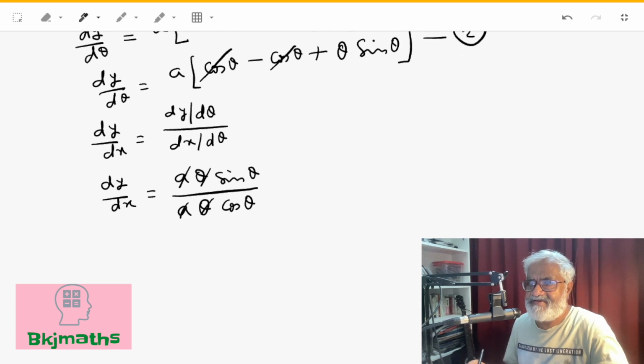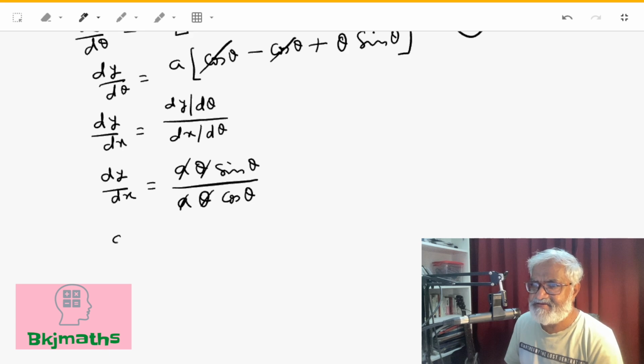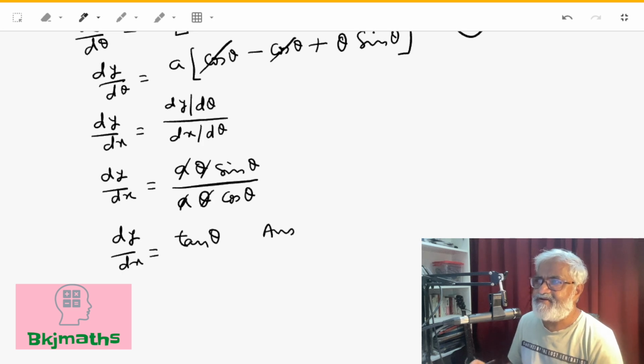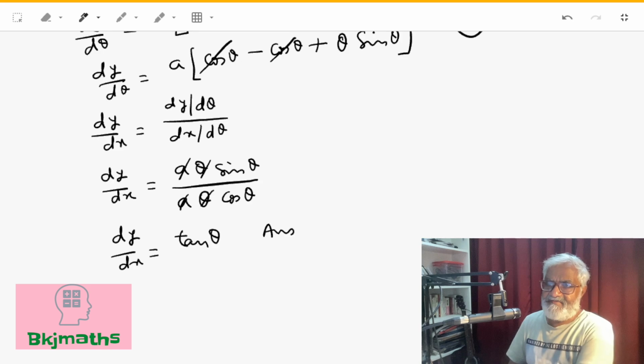So dy by dx equals sin theta upon cos theta, is tan theta. Is the answer. Okay, so this is the parametric form.